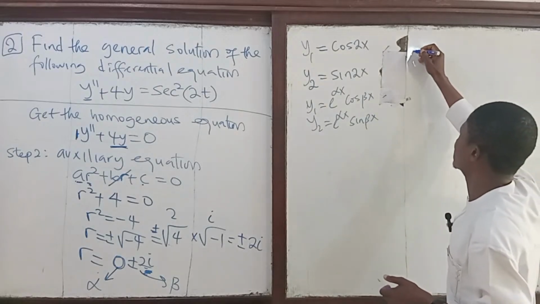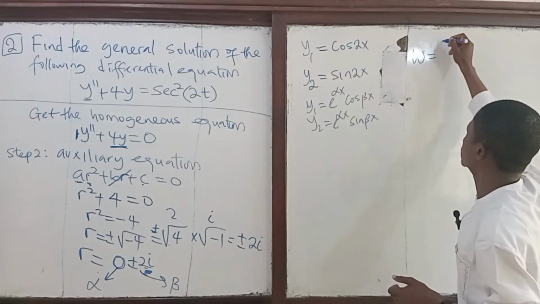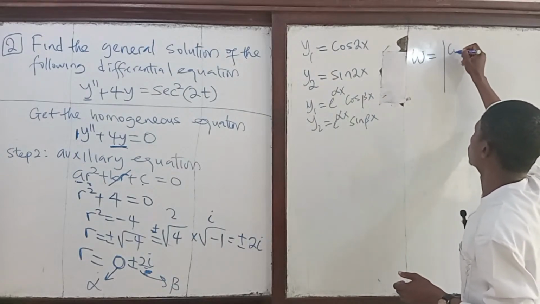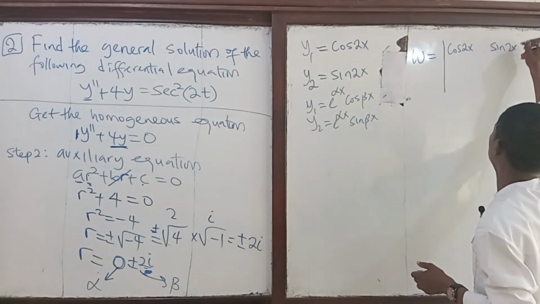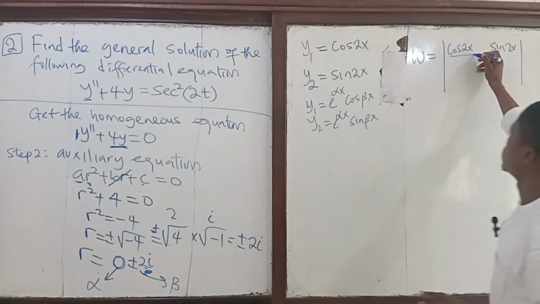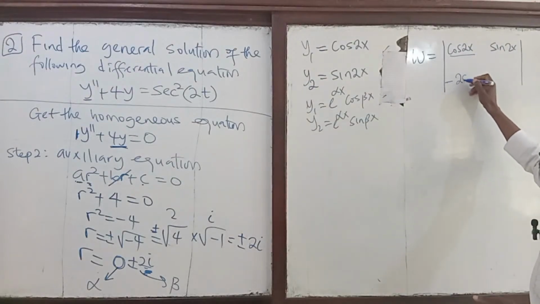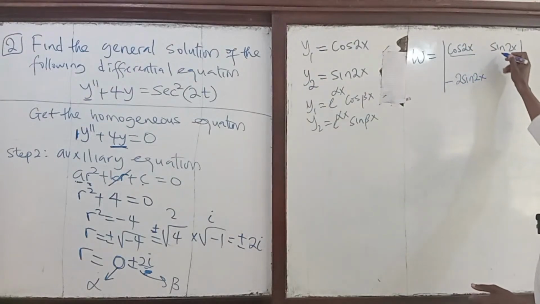Can we get the Wronskian, the W? The Wronskian will be equal to the determinant with cos 2x, that's y1, and sine 2x. Get the derivative of the first one, which will be minus 2 sine 2x. The derivative of the second one will be 2 cos 2x. Let me explain that.